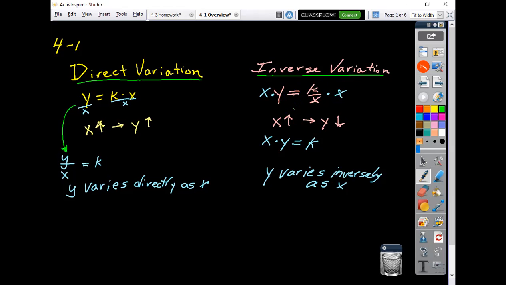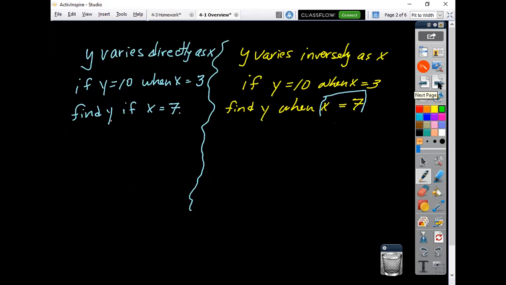So when x goes up here, you're dividing by a bigger number, that's going to cause your y to go down. And then in terms of an equation, if they give you a table, this relationship again is helpful. If you solve for k here, multiply both sides by x. When you multiply x and y and you get a constant every time in the table, then that's going to be an inverse relationship.